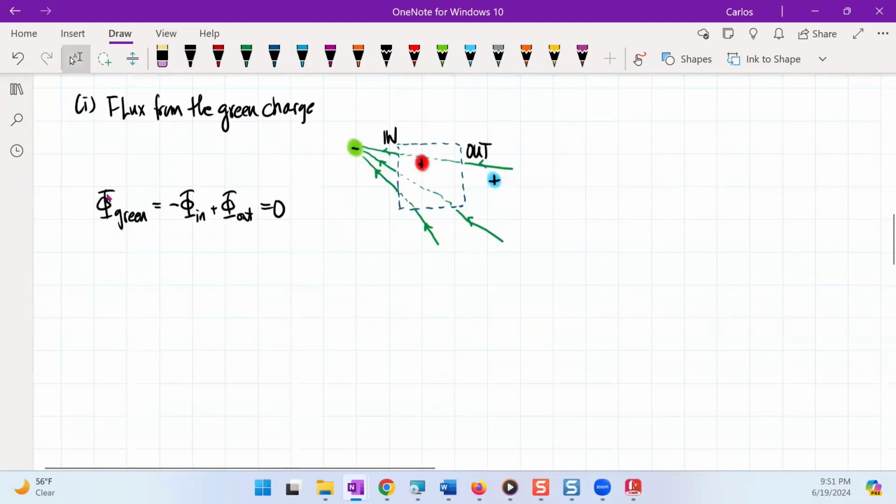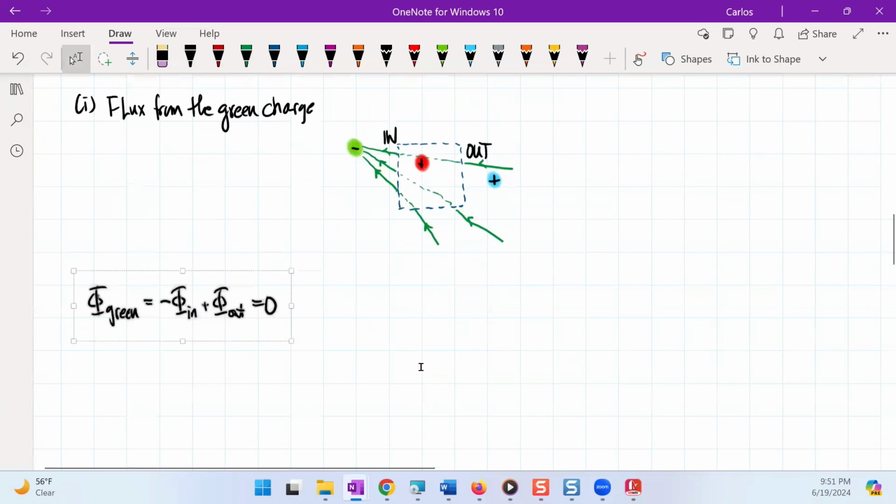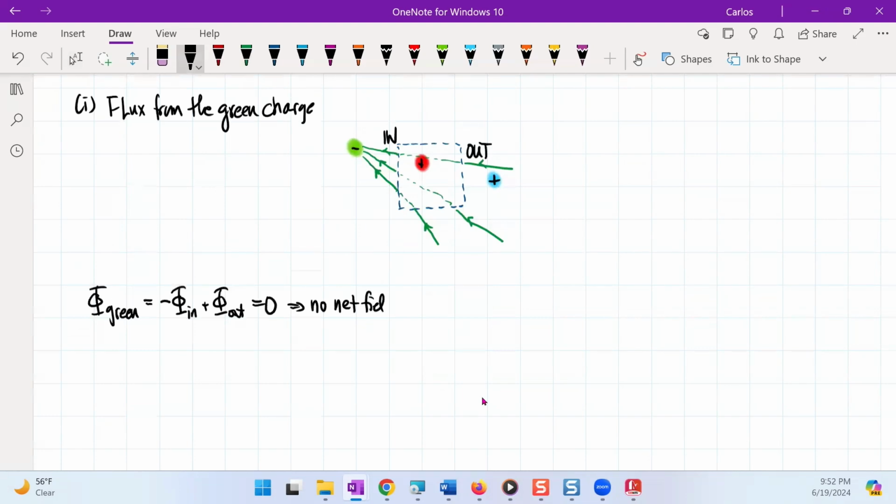In other words, what this implies here is that there's no net field lines for this situation, right? Is that a good way to say it? There's no field lines. The flux is always zero. There's none that are poking through, right? There's no net field lines poking through the Gaussian.